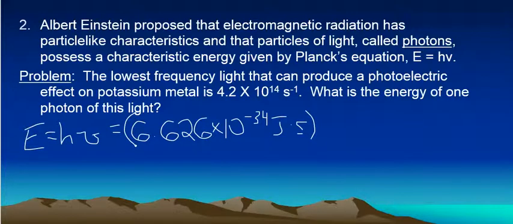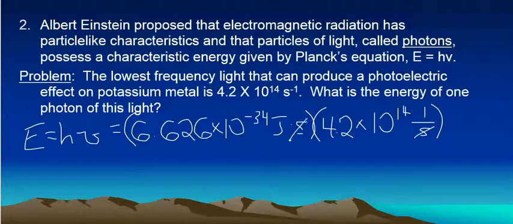The frequency is given as 4.2 times 10 to the 14th, that's 1 over s, so the seconds will cancel. The energy of one photon is going to be in joules. And when I solve this, the energy of one photon comes out to 2.8 times 10 to the negative 19th joules.